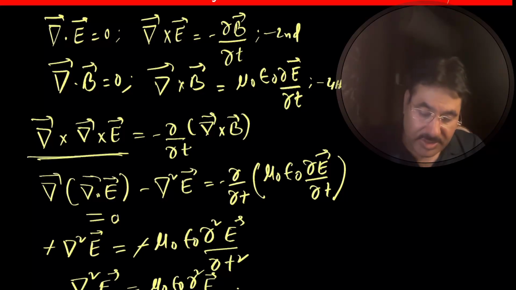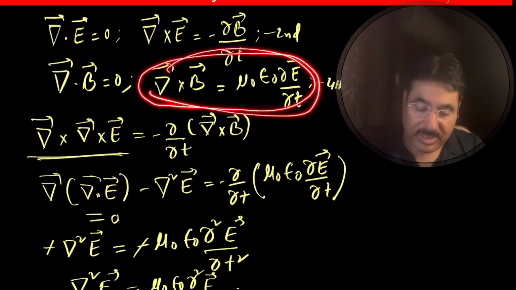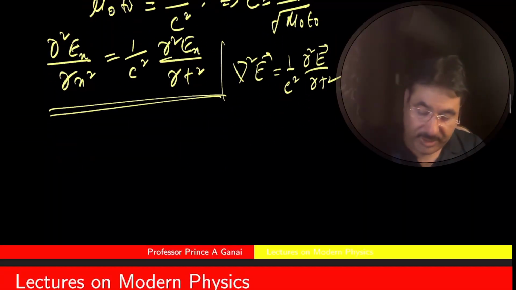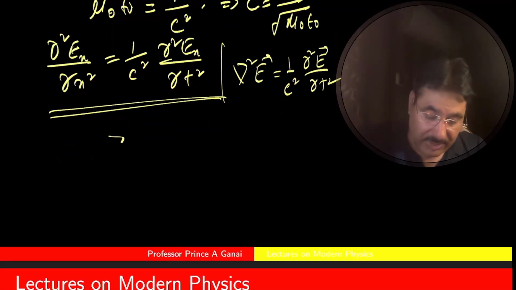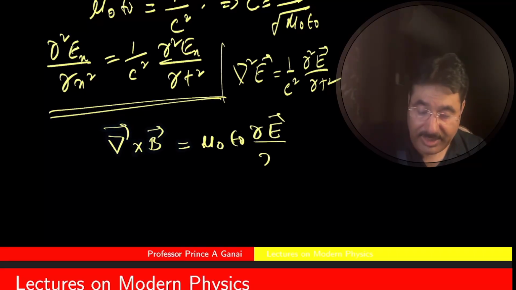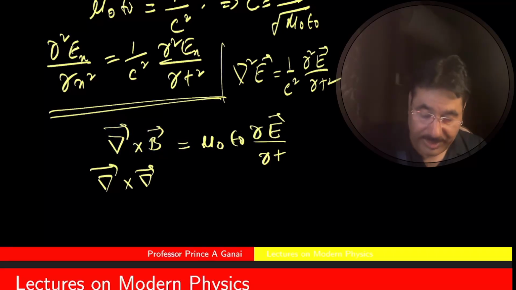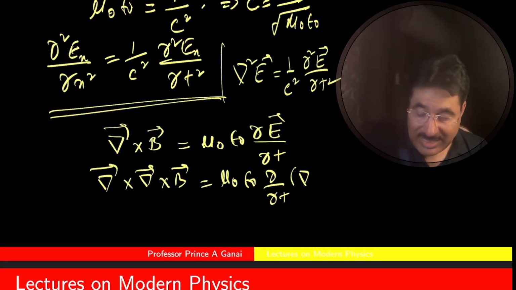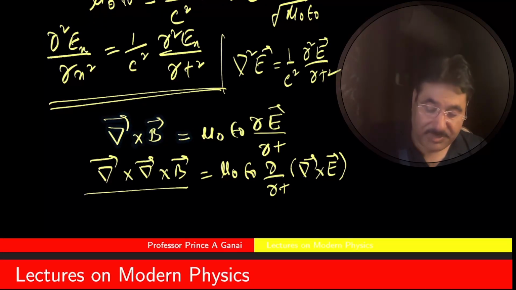I can take the fourth equation and take curl on both sides. The fourth equation is del cross B equal to mu naught epsilon naught del E by del t. Now I take curl on both sides. Curl of curl of B is equal to mu naught epsilon naught del by del t of curl of E. Now again I expand this.